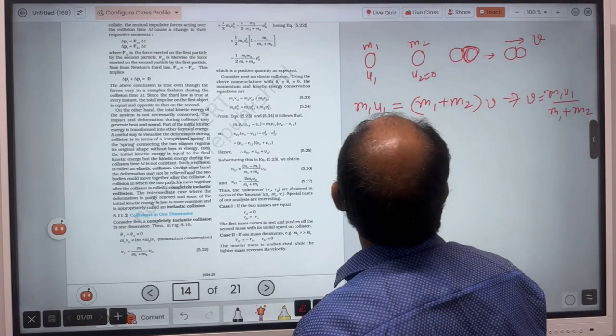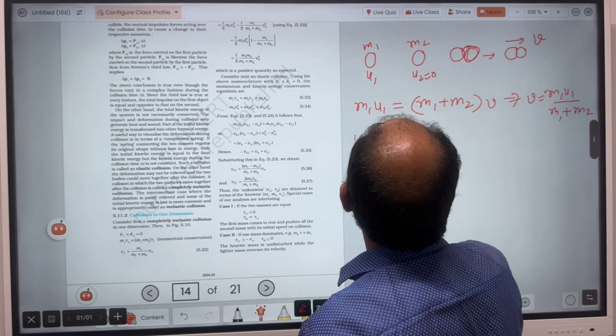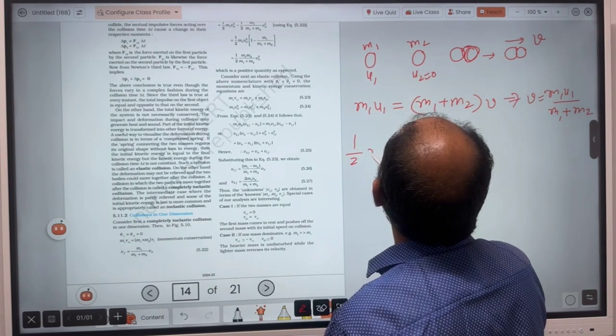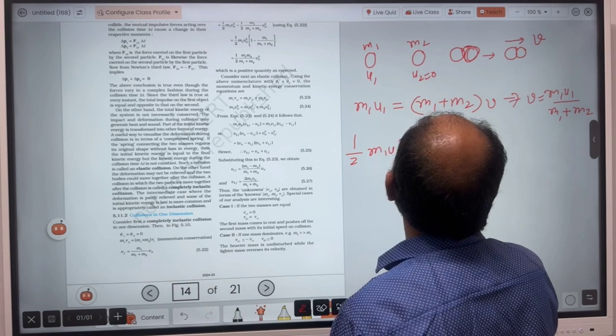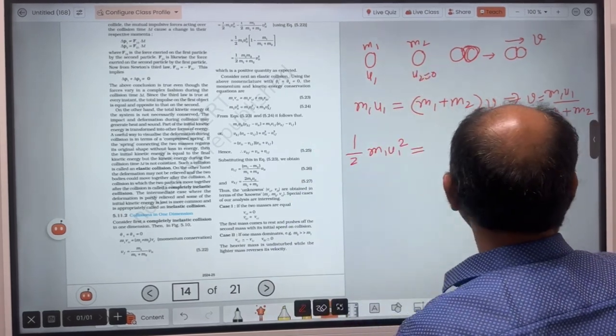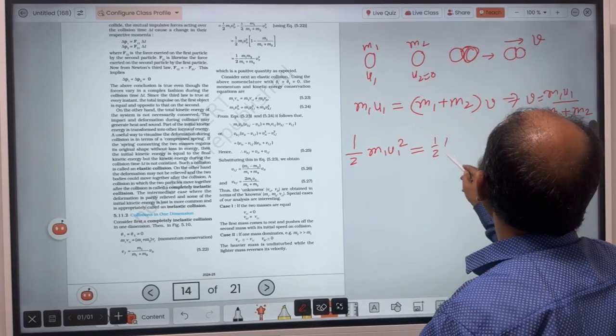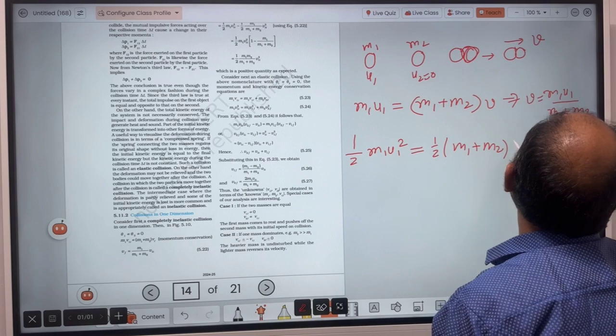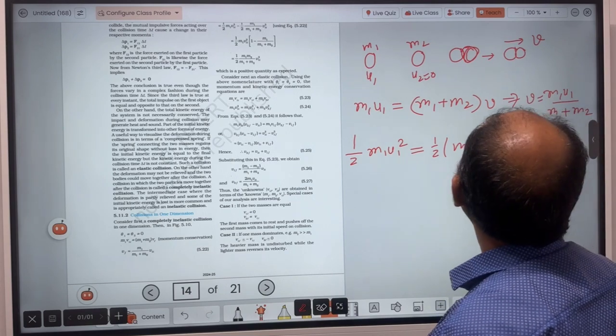Now let's consider kinetic energy. So what is the kinetic energy? Before collision it is half m1 u1 square, and this will be 0, and here half (m1 plus m2) into velocity square.